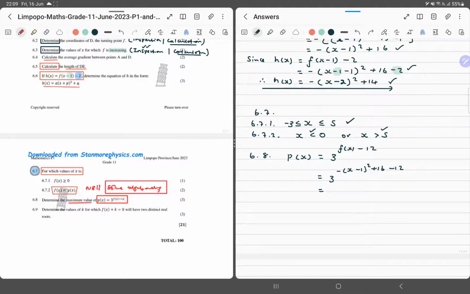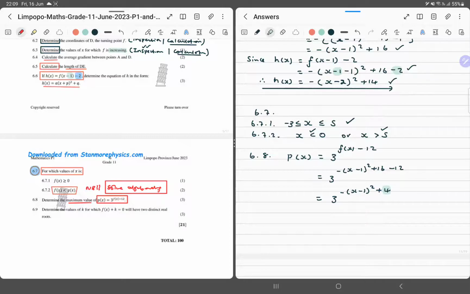Let's give it a bit of space. This is equal to 3 to the exponent minus into x minus 1 all squared, plus 4, because 16 minus 12 is just plus 4. And remember, that 4 now becomes the new maximum value of that parabola.